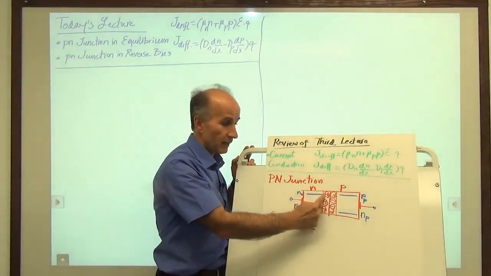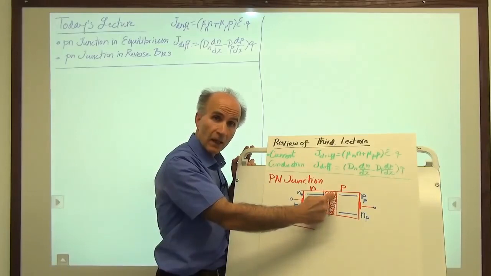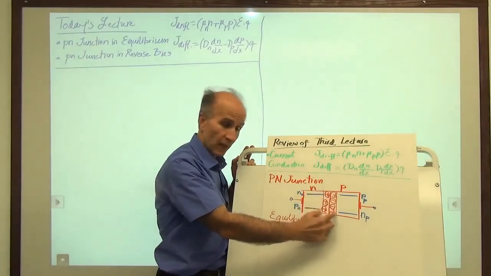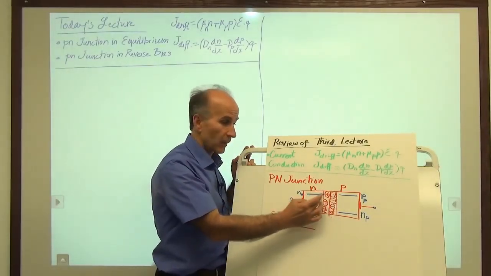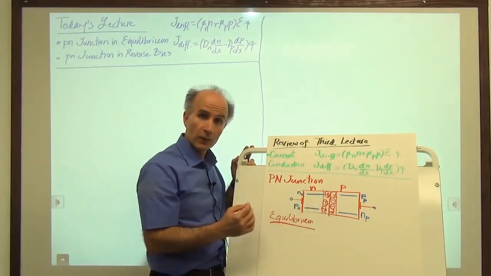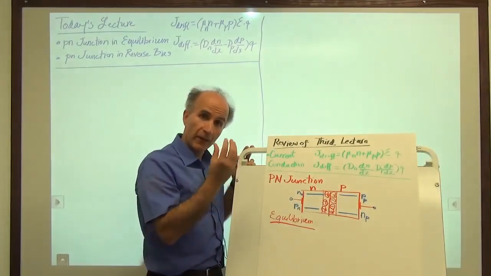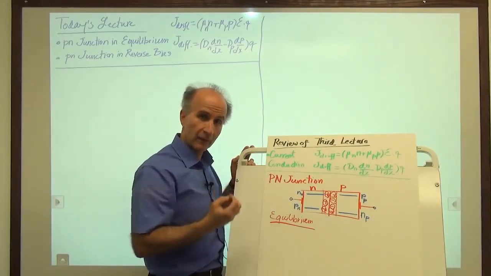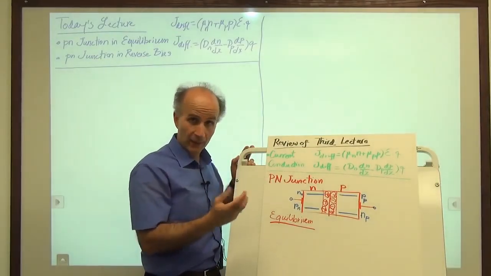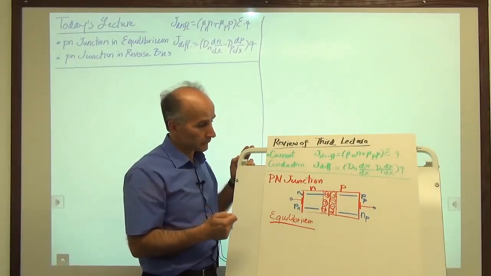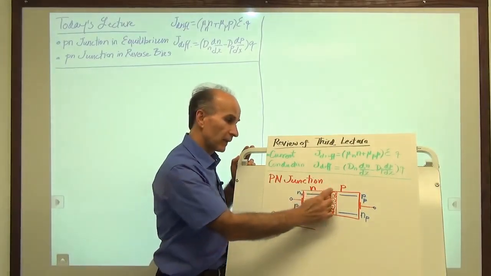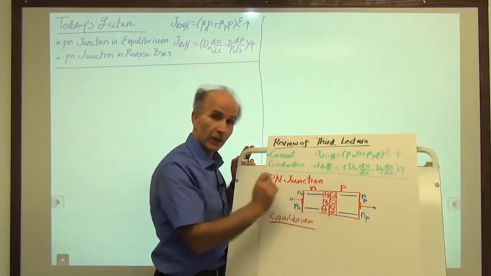And it is these positive ions and negative ions that create a space charge here. And associated with this charge, we developed an electric field. We know that if we have net charge, we also have net electric field. That's Gauss's law, if you remember from physics. Okay, so an electric field is formed in this area.